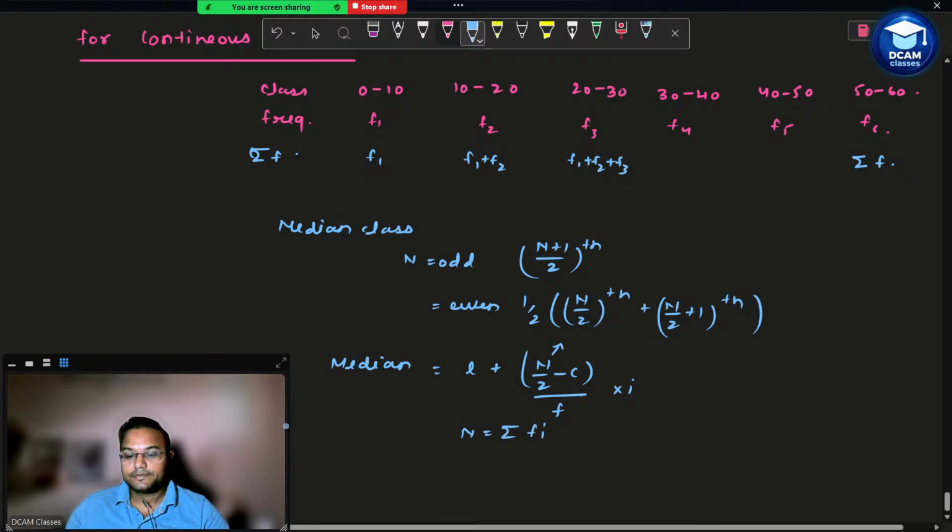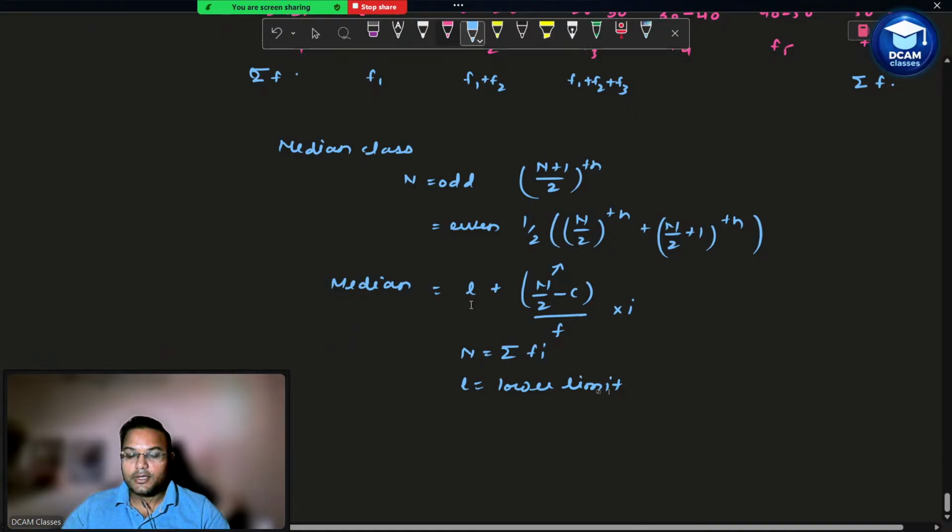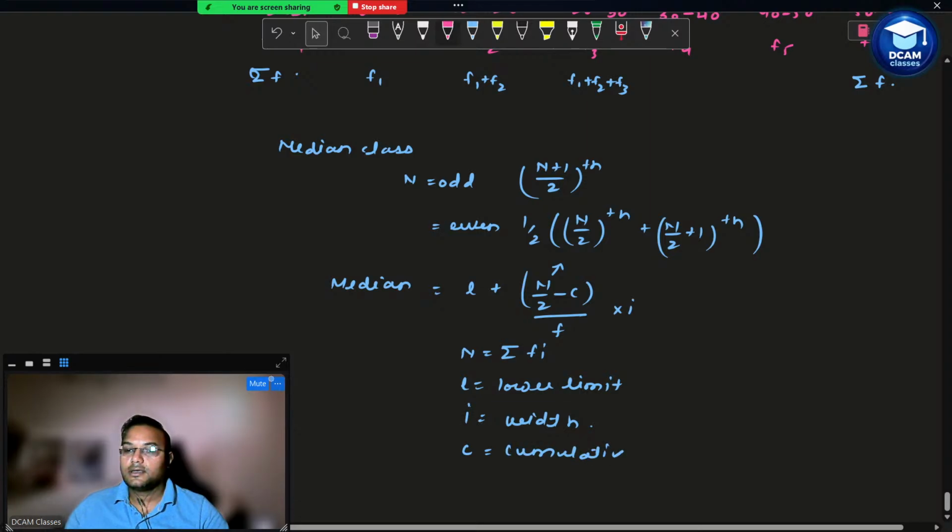L is the lower limit. All the rules that we were using to find the median apply here. i is the width, and C is the cumulative frequency of the class preceding.